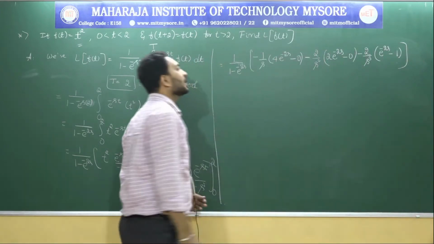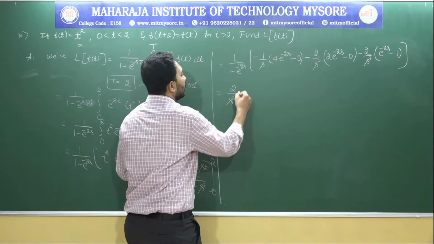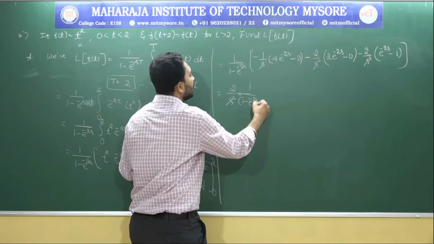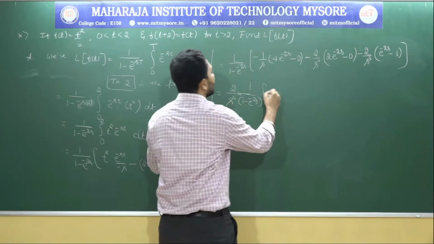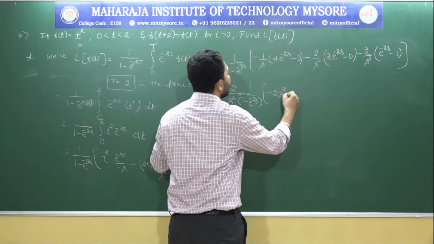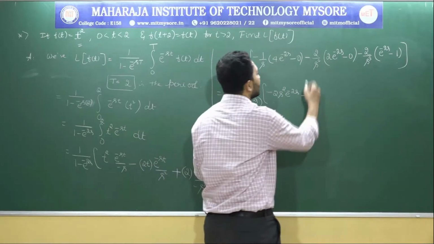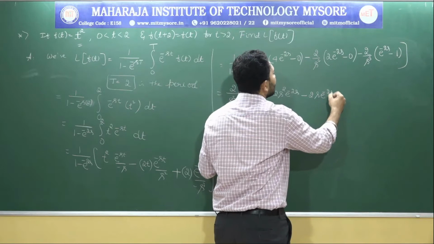So if I take 2 by s cube as common, 2 by s cube into 1 over 1 minus e power minus 2s, then will remain with, if I take 2 outside, we'll get minus 2s square into e power minus 2s. So minus again 2 into s into e power minus 2s.